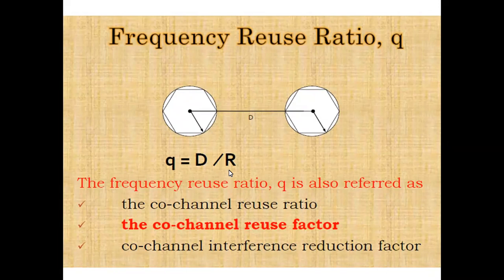So this factor also tells us how much distance d should be there between the two cells, so that interference does not affect it too much. That's why it is also known as the co-channel interference reduction factor.